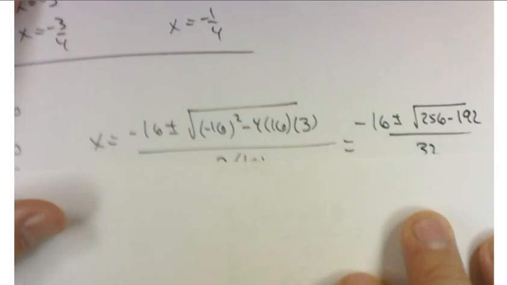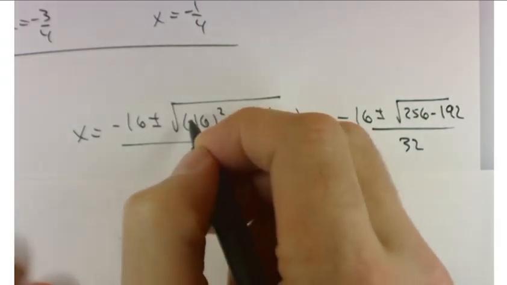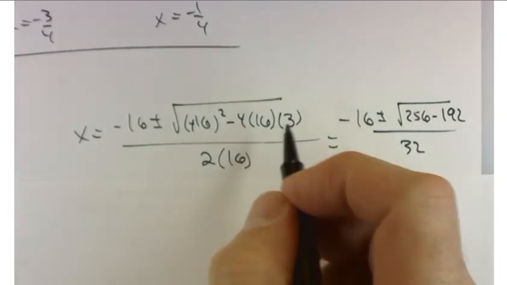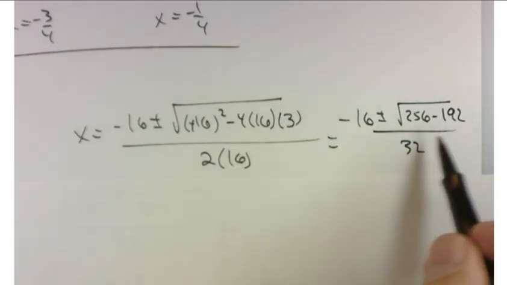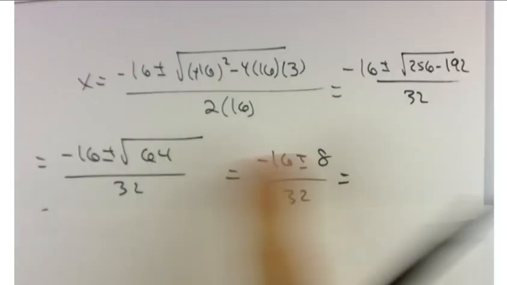That's what I wanted to practice. So, it should look like this. Negative 16 plus or minus the square root of, I guess I didn't need to use the negative 16s there. Plus or minus the square root of 16 squared minus 4 times 16 times 3. So that's 12 times 16 is 192, the difference of which is 64. Square root of 64 is 8.